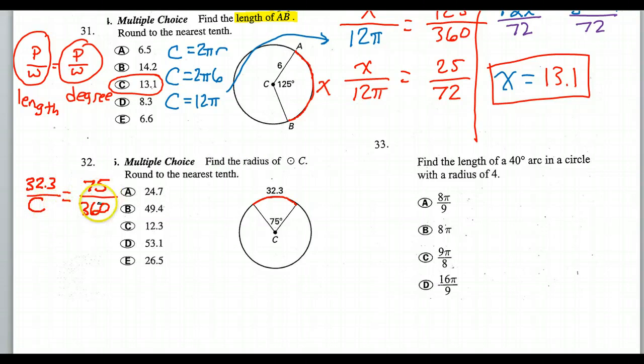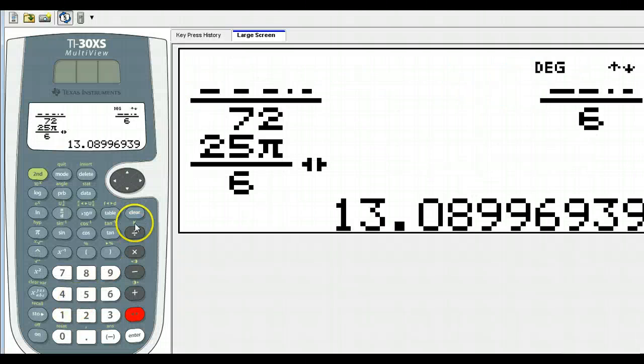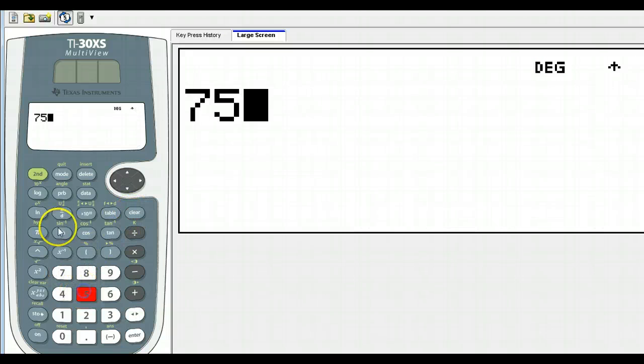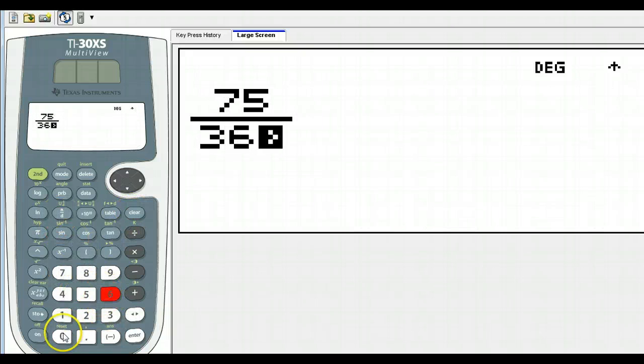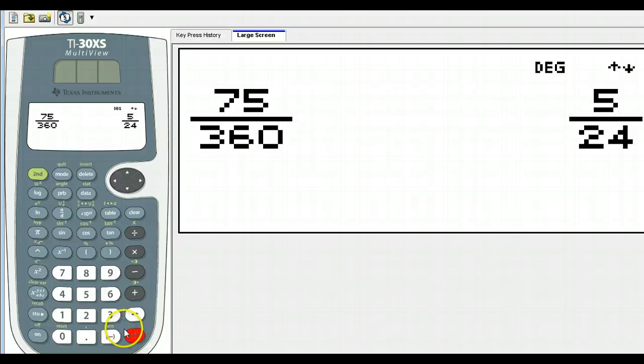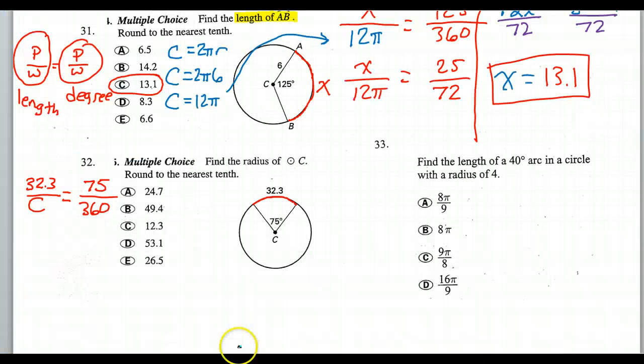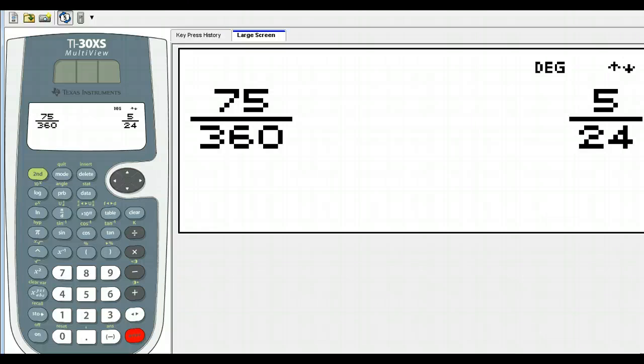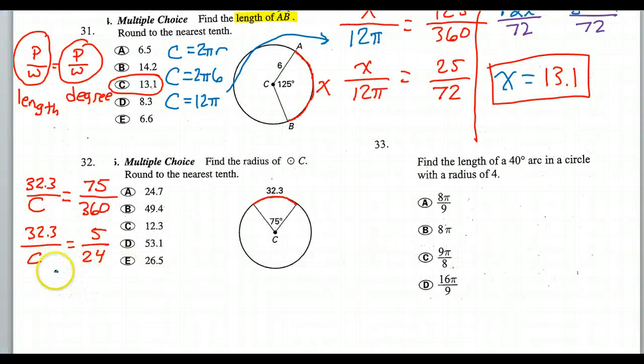So we're going to reduce and cross multiply. 75 over 360 is 5 over 24. So I've got 32.3 over the circumference is equal to 5 over 24. Is that what I said? Yes, it is. So cross multiply.